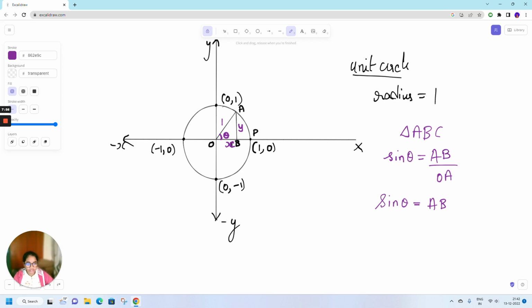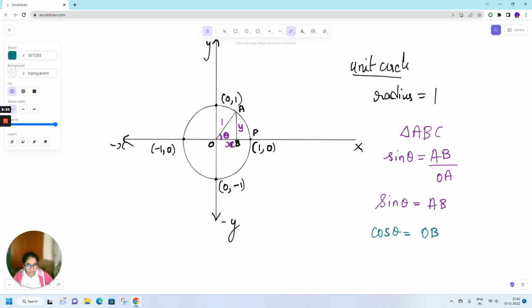What would cos theta be? What is the formula for cos theta? Cos theta is adjacent by hypotenuse. The value of adjacent is OB, and hypotenuse, we know, is 1. So we are saying the value of OB is cos theta and AB is y.